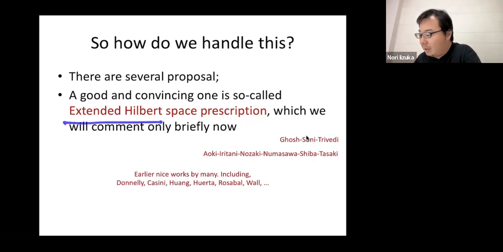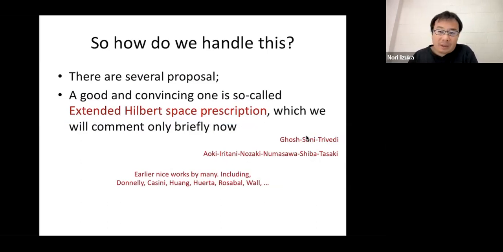So what is the extended Hilbert space prescription, which Sandeep and the company did? It's simple. As I said in the introduction, if you have a compact space, the Hilbert space manifestly does not factorize.